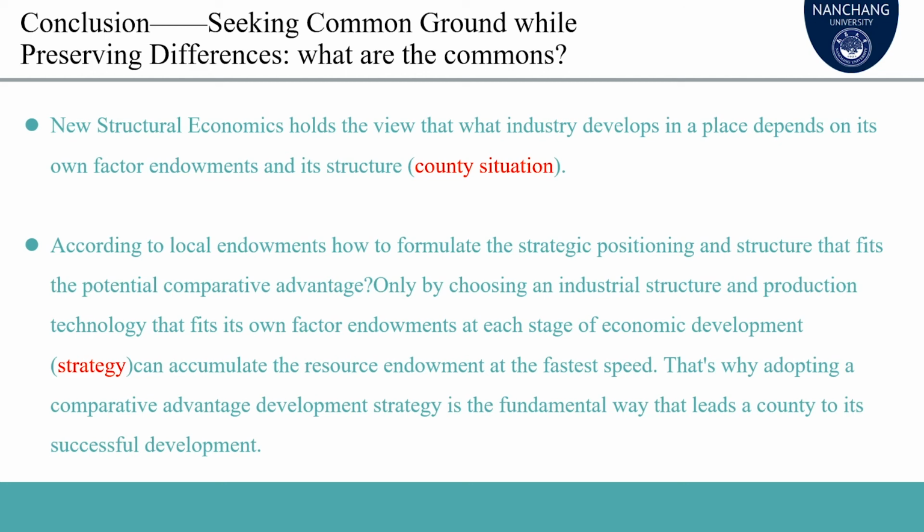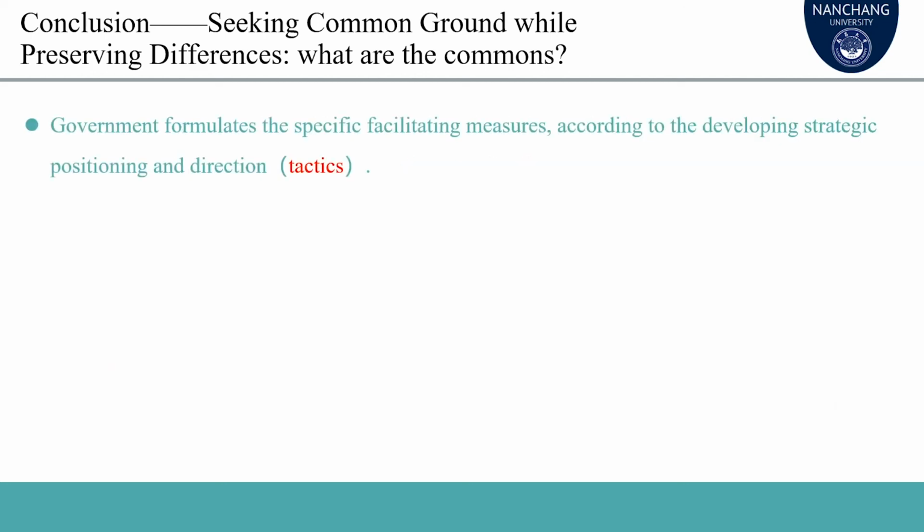Each of the counties in China has different endowments in terms of development stage, location characteristics, natural resources, human resources, material resources, technical resources, industrial foundation, etc., and their development strategic positioning, direction, and structure in line with comparative advantage will be different accordingly.